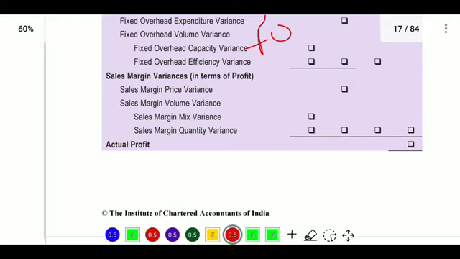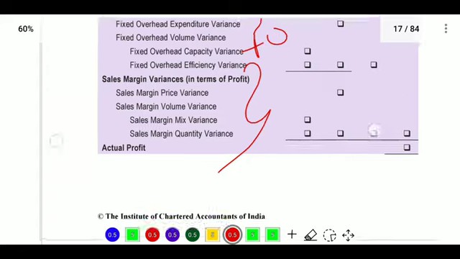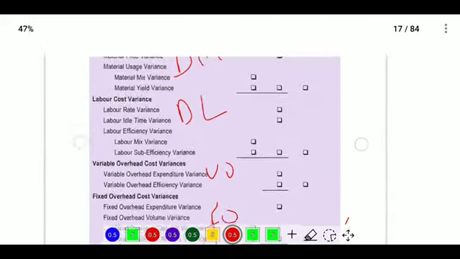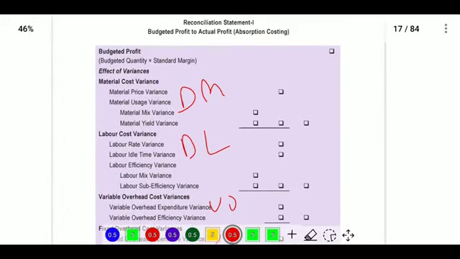Then we will get the sales. This is the absorption. So what is the actual profit? First we will take the profit, which profit? It will be the budgeted profit. So we are preparing absorption costing, which means we go from standard budgeted profit to actual profit.